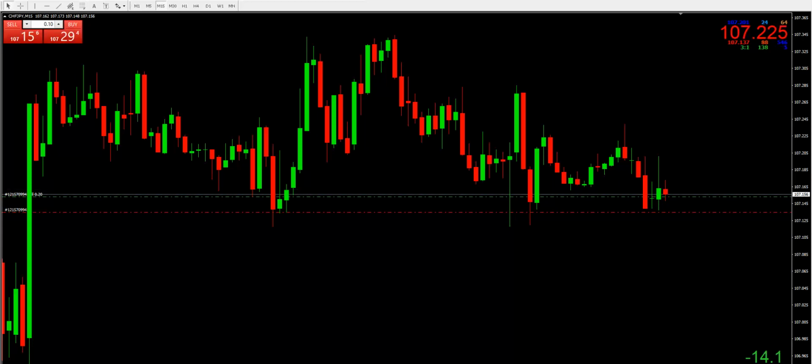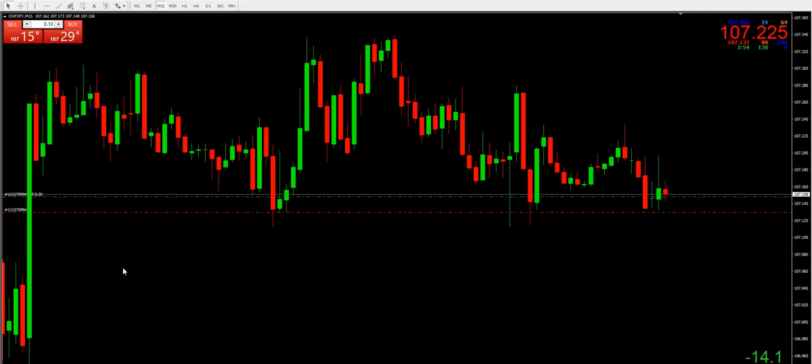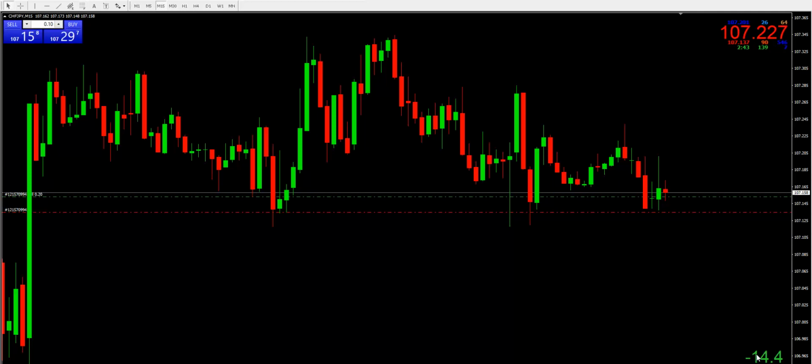Now you can see there is a trade I am in currently on the Swiss franc Japanese yen, and as you can see at the bottom right hand corner here, I'm currently about 14 pips or so down on this trade, but what I really want you to consider at this time is this little box here.